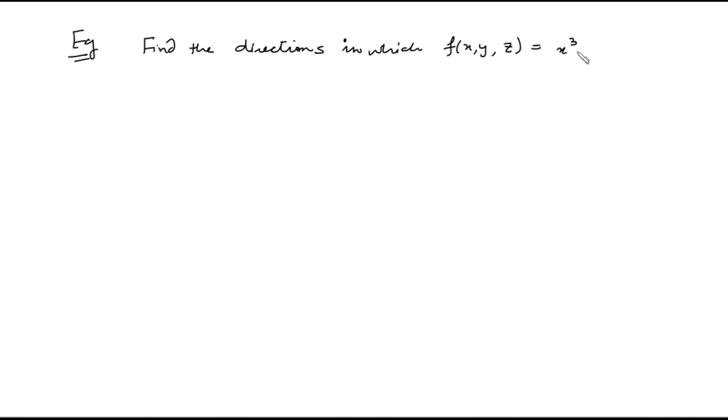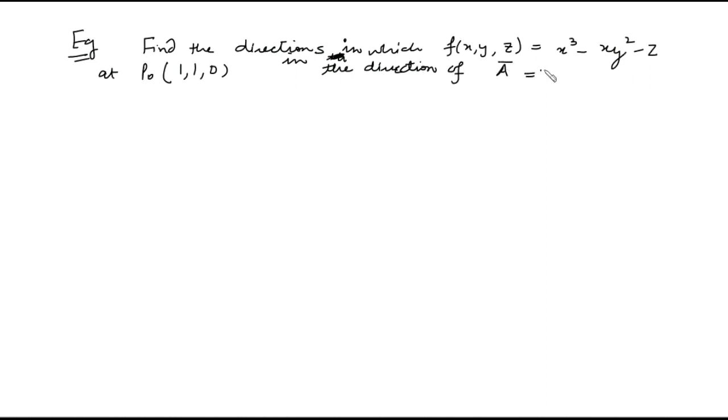For example, find the directions in which f of x, y, z is equal to x cube minus x y square minus z at a point P0(1, 1, 0) in the direction of a vector 2i minus 3j plus 6k.